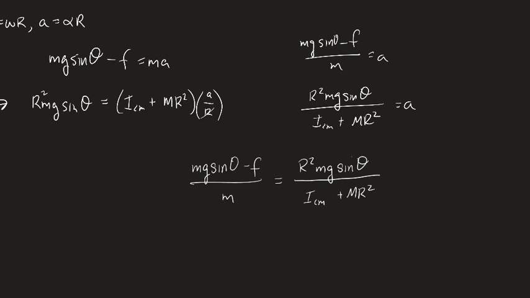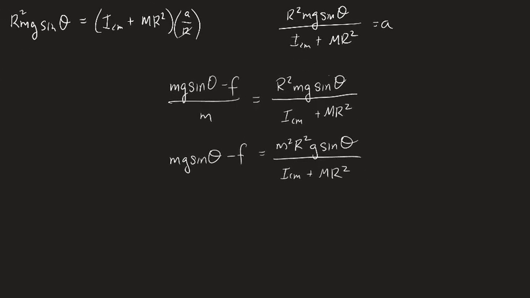The easiest way to solve it for f would be just to multiply both sides by m, because that will get rid of it over here. It's messy, but follow me through, please. Multiply both sides by m. I get mg sine theta minus friction equals m squared r squared g sine theta over I center of mass plus mr squared. Guys, see all that okay?